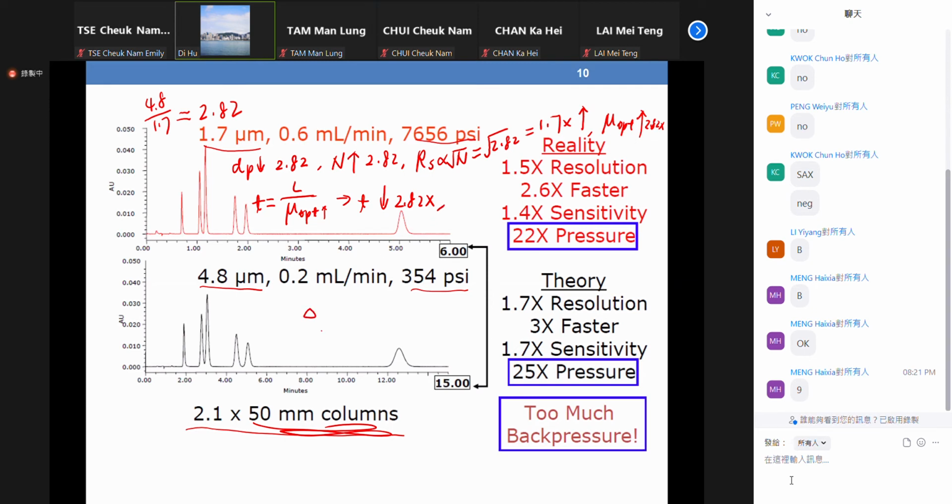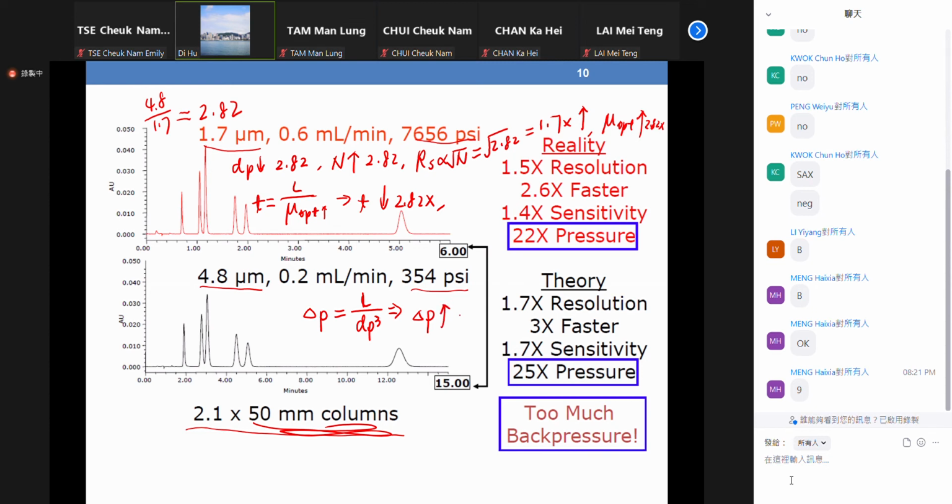And then delta pressure, P equals L divided by dp tripled, because now we're using the same L, unchanged. So the delta P will increase by how many times?